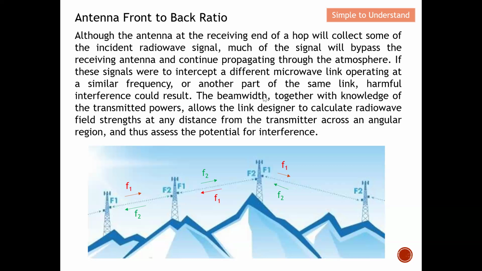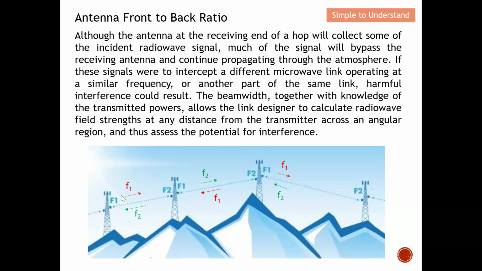The beamwidth together with the knowledge of the transmit power allow the link designer to calculate radio wave field strength at any distance from the transmitter across an angular region, and thus assess the potential for interference. So basically, we can use the beamwidth parameter to avoid interference.